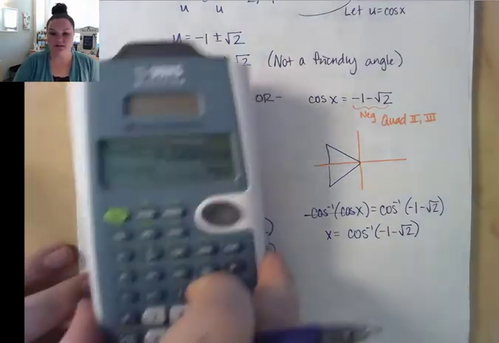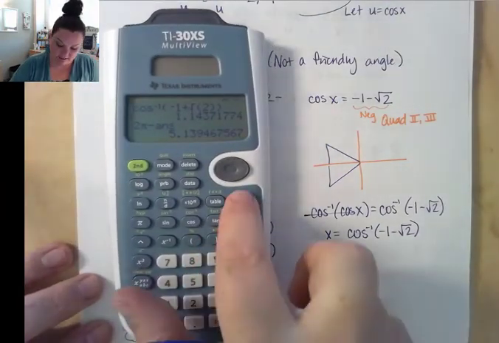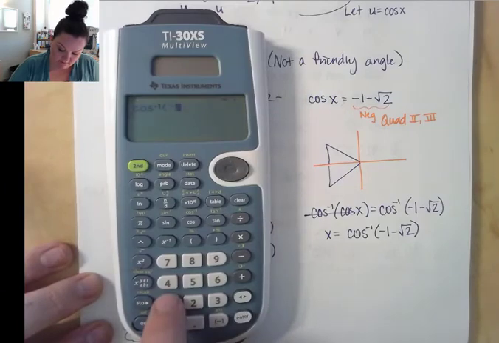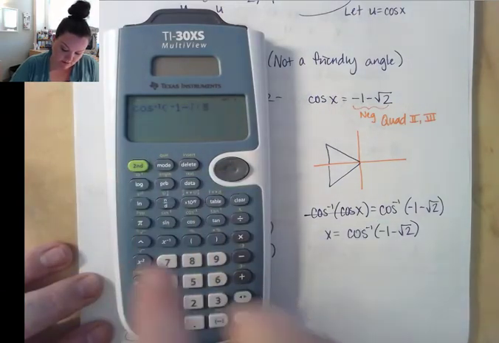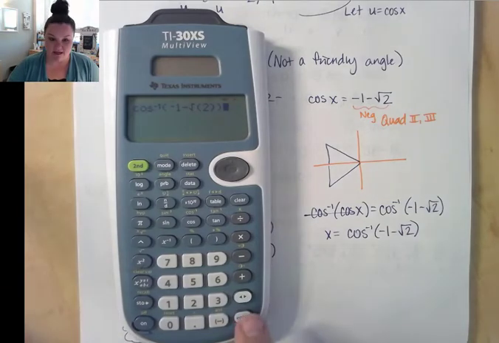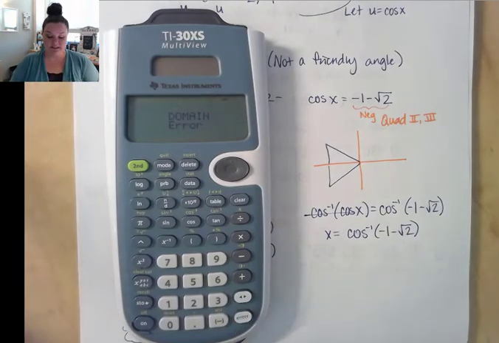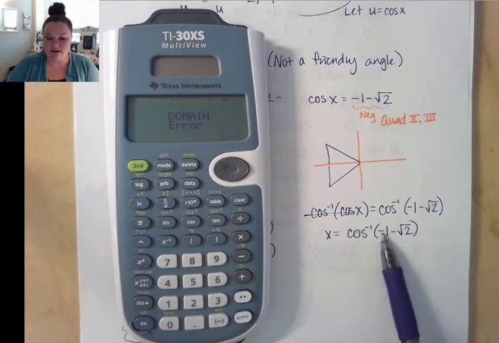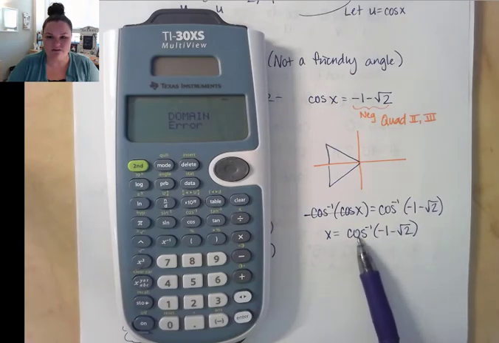Let's plug that into our calculator. Once I punch that in and hit enter, notice it says I have a domain error. A domain error means I am not allowed to plug whatever's inside here into my cosine inverse function.